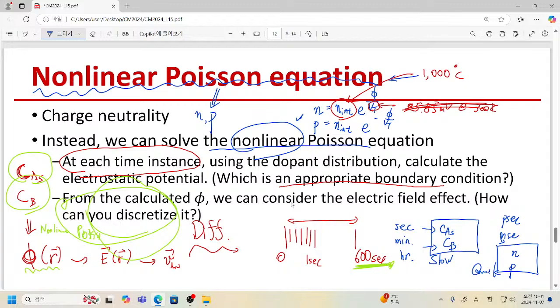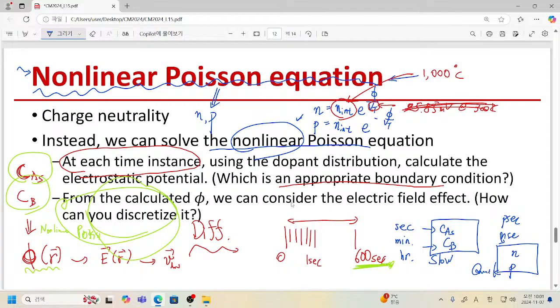The reason is quite obvious. What is the reason? In order to make this implementation, you must solve the nonlinear Poisson equation always. So this is really a heavy computational burden.